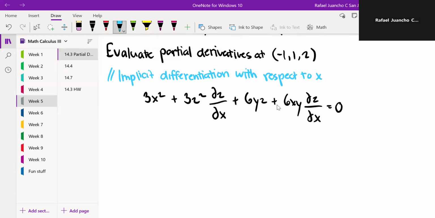And then from here, what do we do? Well, now we basically solve it for our partial, right? So we solve for this thing. How do we do that? Well, in algebra, we would just put them all on one side, right?